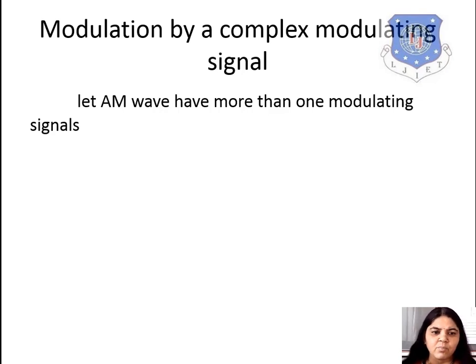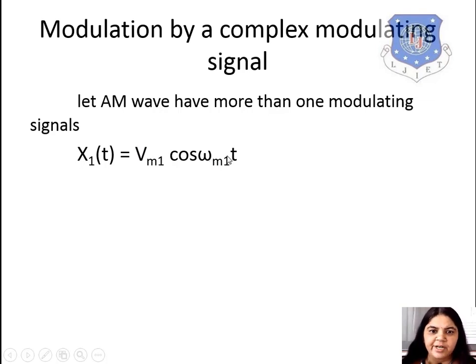The modulating signal x1(t) is equal to Vm1 cos omega m1 t. Vm1 is the amplitude of modulating signal 1. Omega m1 is the radian frequency of the x1(t) wave, where omega is equal to 2 pi f. So my x1(t) signal has the frequency fm1.